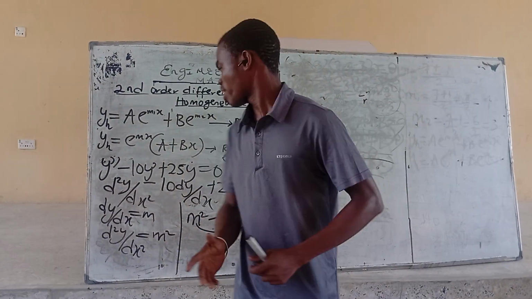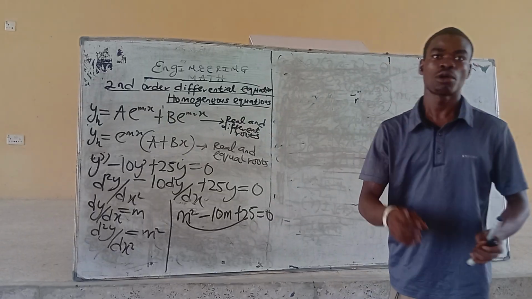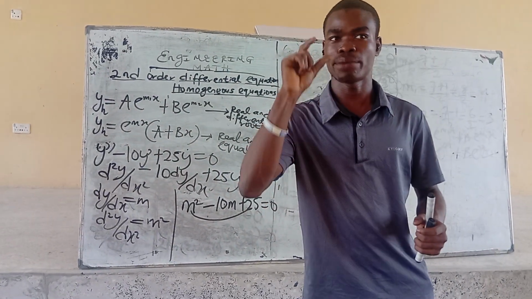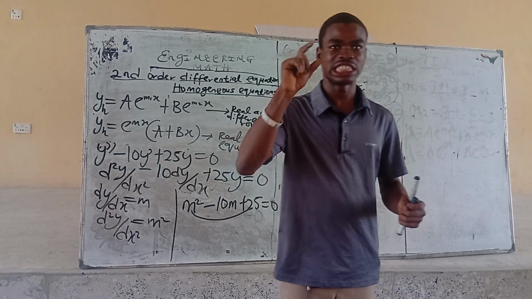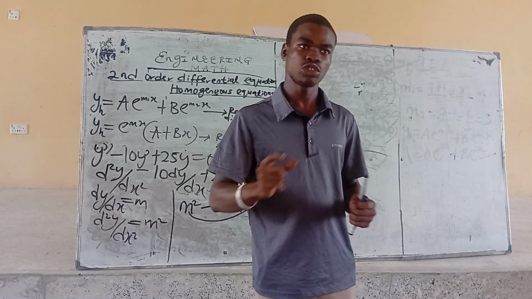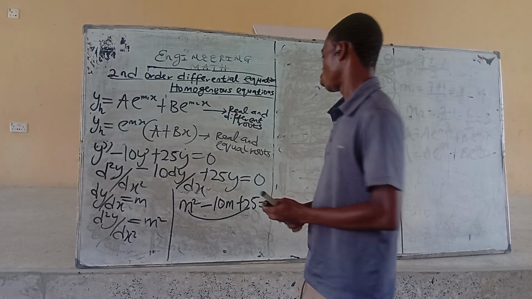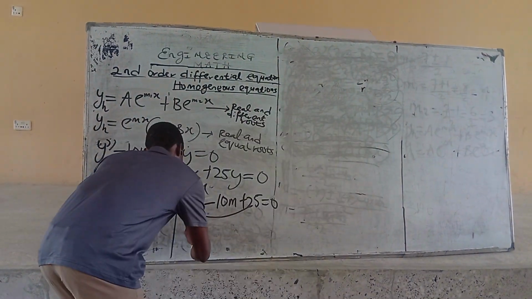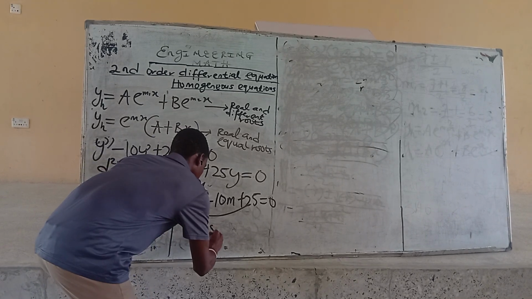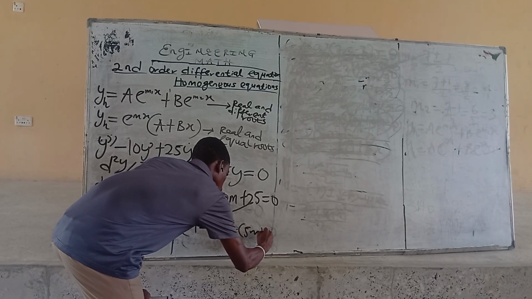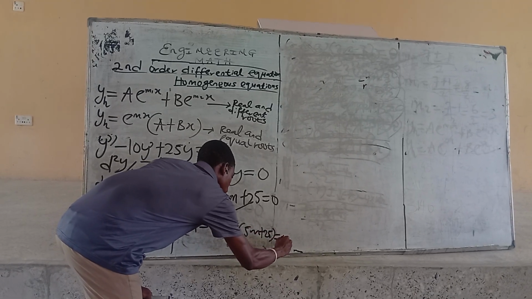Guessing minus 5 and minus 5 will work, because minus 5m minus 5m will give us negative 10m. Then minus 5m times minus 5m will give us 25m squared. So it will work. So m squared minus 5m, then minus 5m plus 25 equals 0.